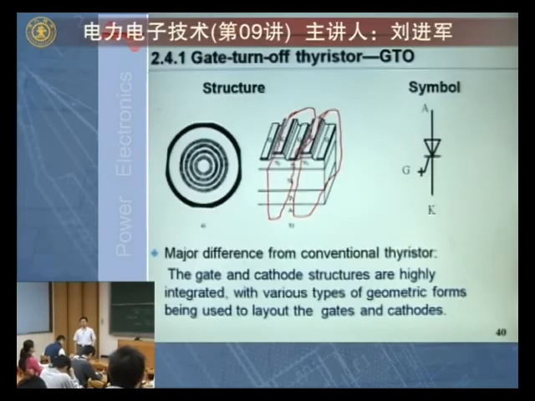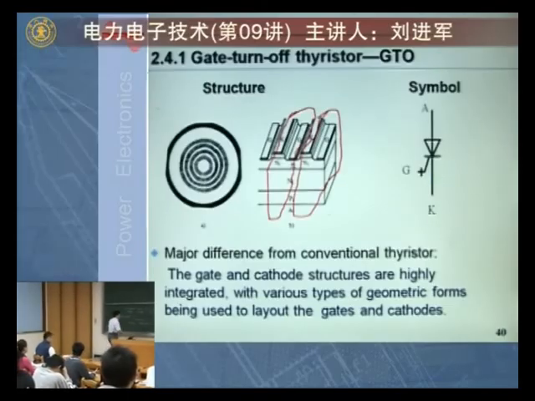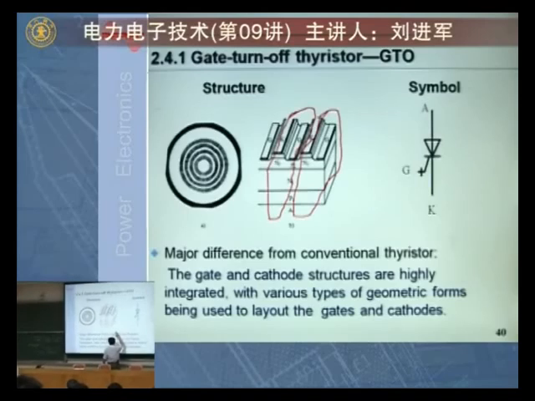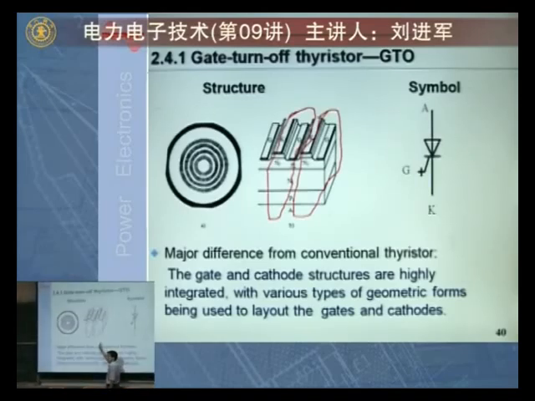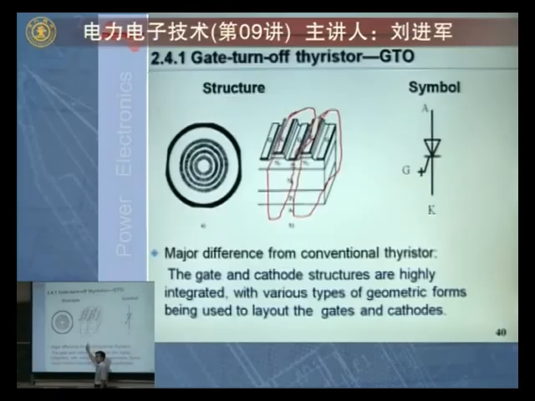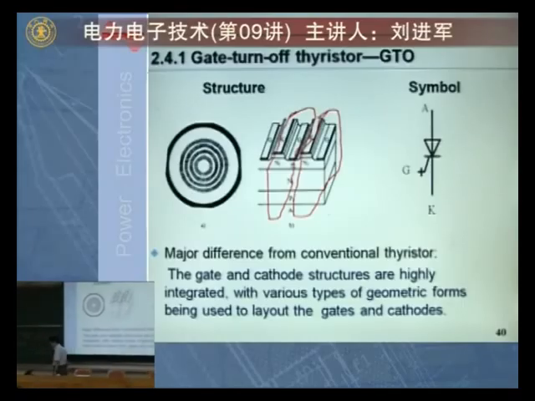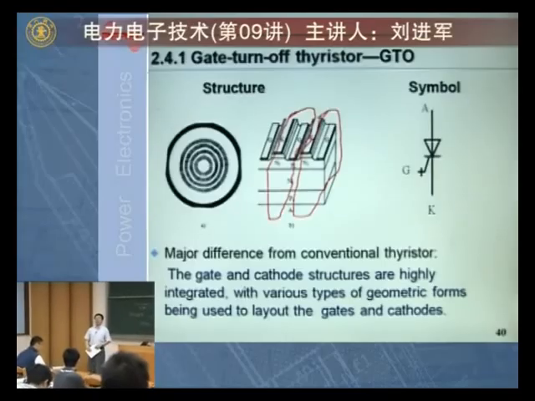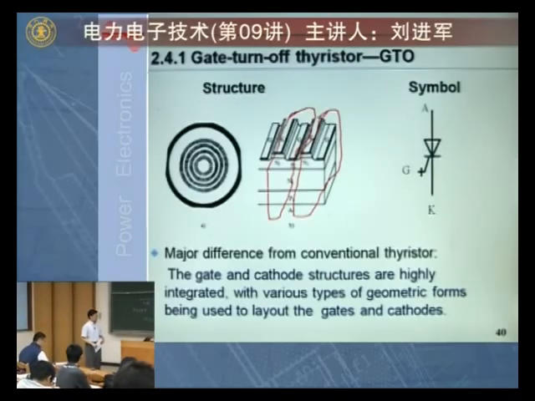So this is what we call interleaved. What is called interleaved? Because the gate and cathode are manufactured at the same site, but they are placed in an interleaved manner. You have gate, cathode, gate, cathode, gate, cathode. That's called interleaved. So this is one of the major differences between GTO and ordinary thyristor.